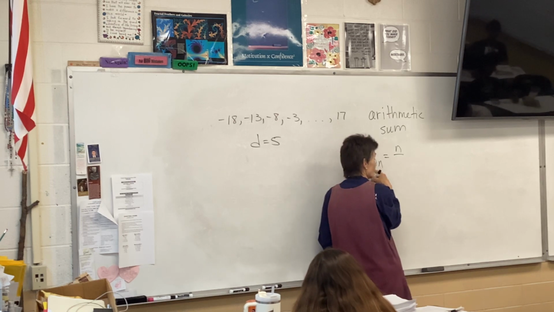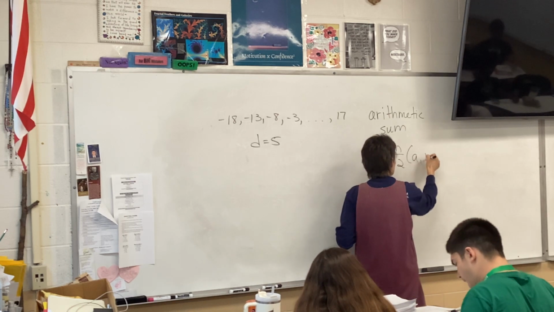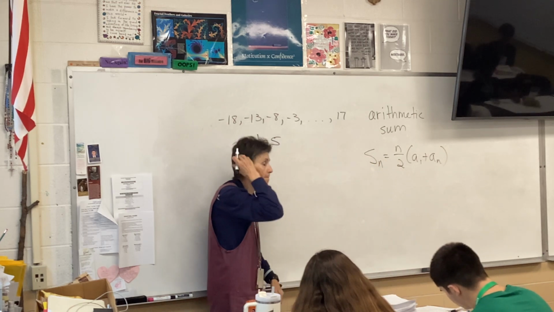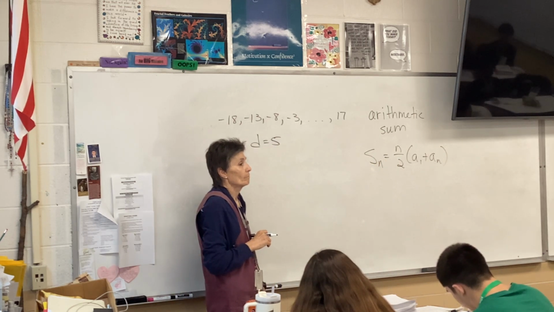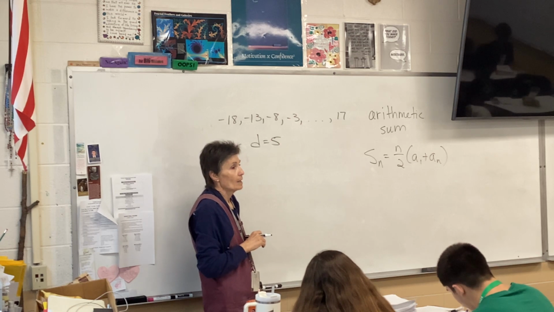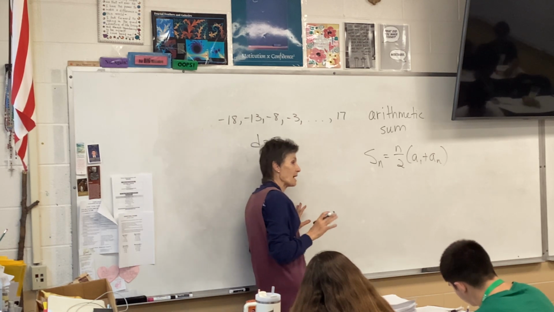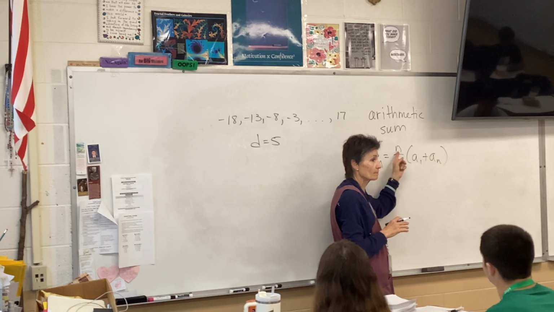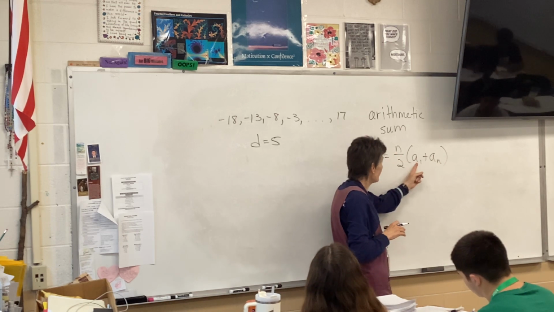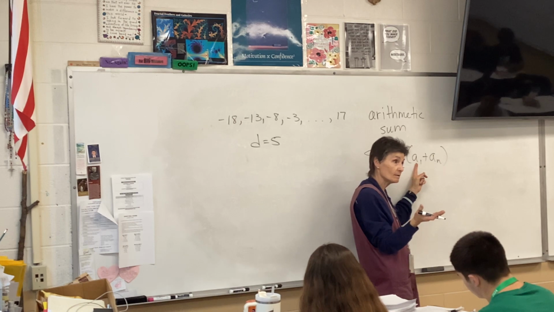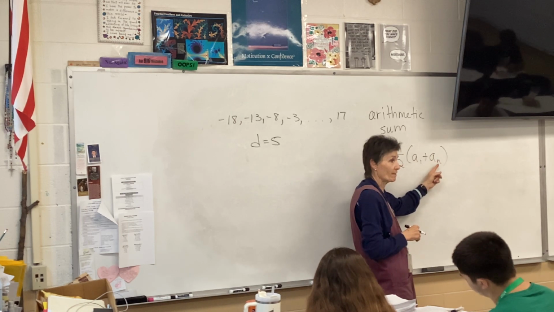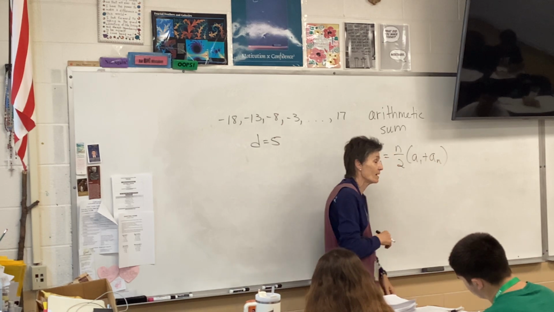This is an S, that tells you it's a sum. Here is your formula. Everything stands for exactly what it stood for yesterday. N is the term number. A sub 1 is the first term. And then this would be like A sub 12 or whatever the last term is that you're finding.